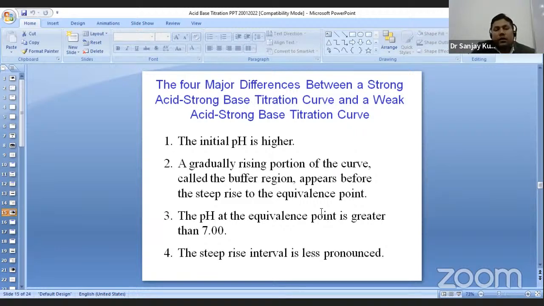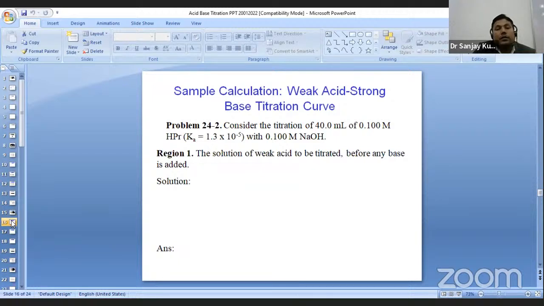These are the major issues with weak acid strong base: the pH at the equivalence point is greater than 7, and the steep rise interval is less pronounced, because the sharp point is at pH 7.